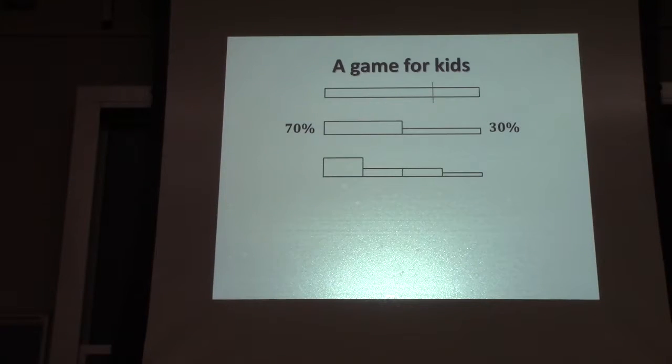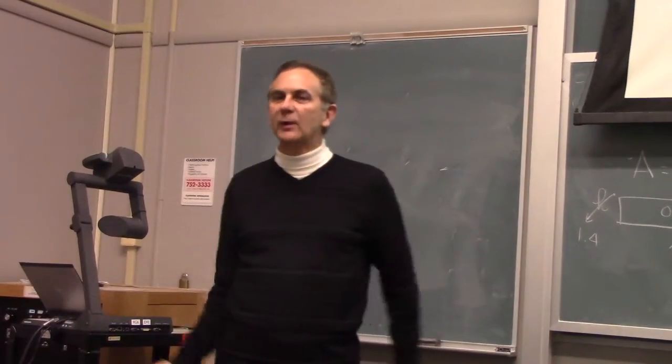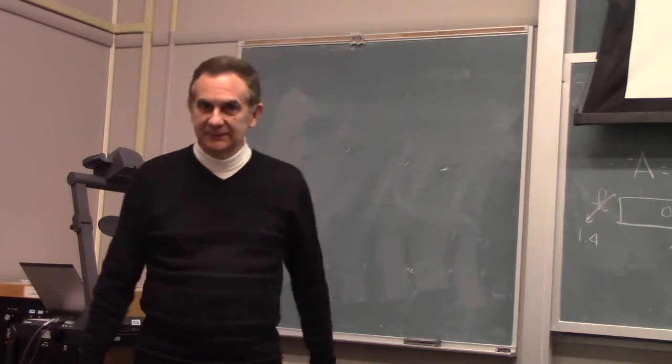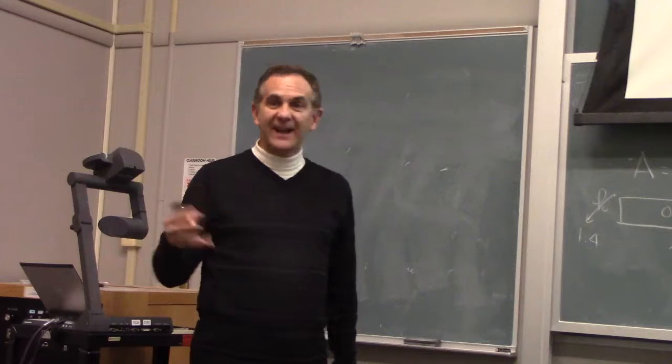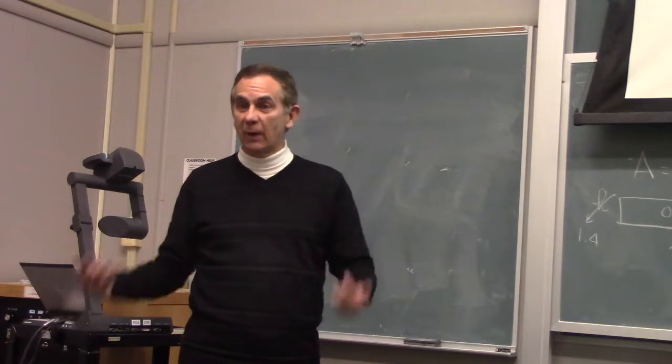The key question is, look, this is 70% of this. That is clear because I'm repeating the same game. So the question is, how much is 70% of 70%? 49. It's 49%. Multiply. That's very good because that is what happens when you open a bank account or something that has to do with money.